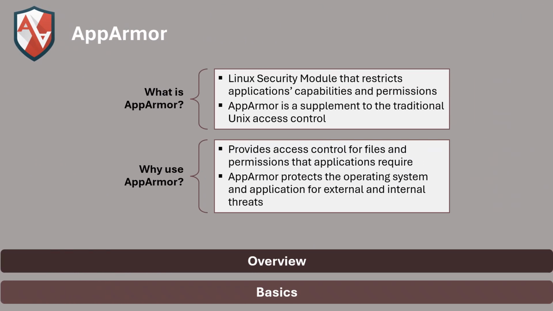AppArmor is a Linux tool designed to provide access control. Access control is a fundamental aspect of any strong security strategy, ensuring that only the appropriate individuals have access to data and applications. In most organizations, not all employees should have access to every file or piece of information.